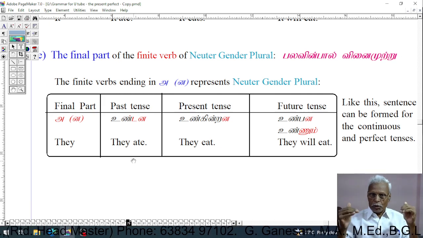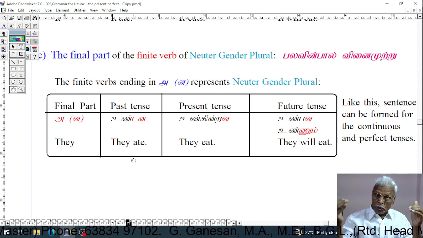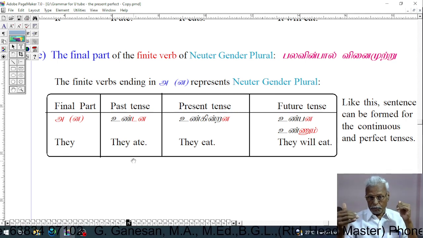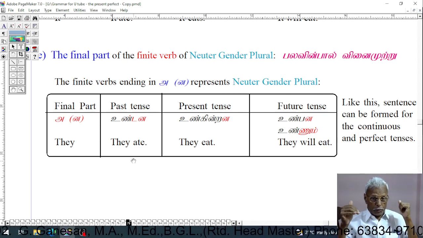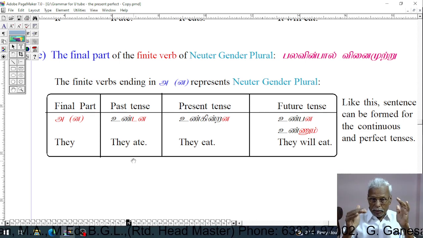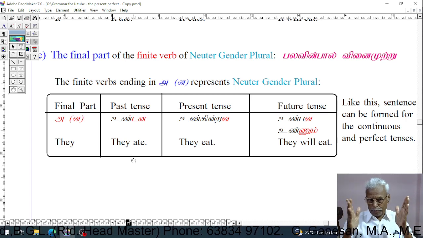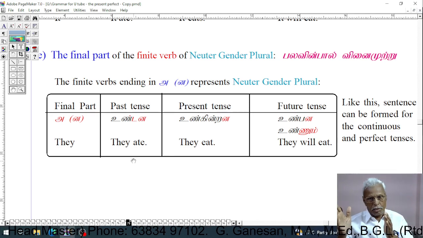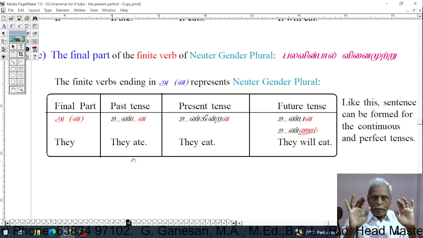See for plural. Third person neuter gender plural, the final part of the finite verb of neuter gender plural. பலவின்பால் வினைமுற்று. The finite verb ending in na. In Nannool it is said to be a, but actually it ends in na.